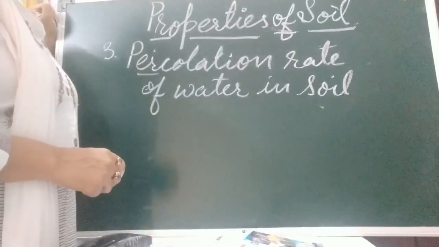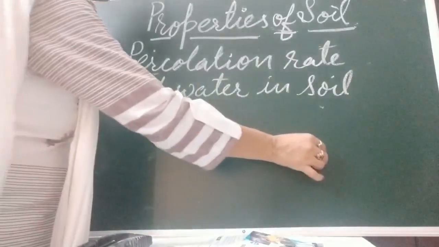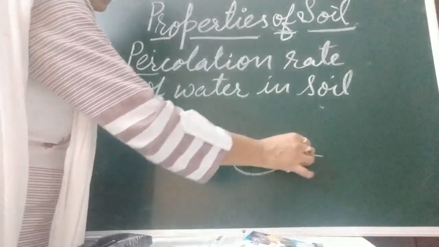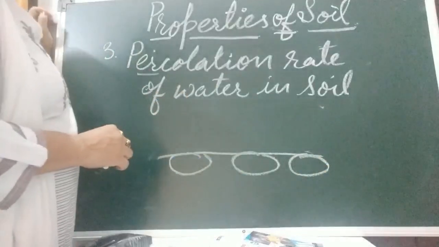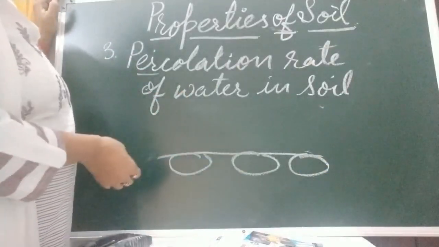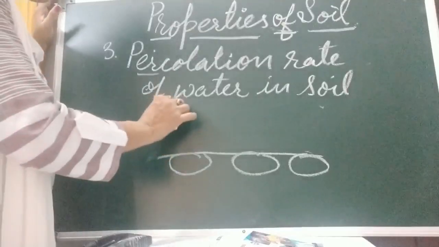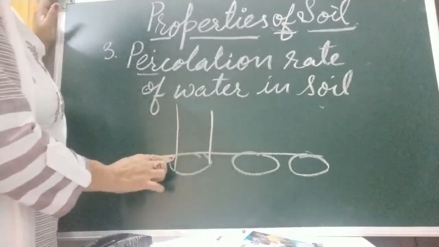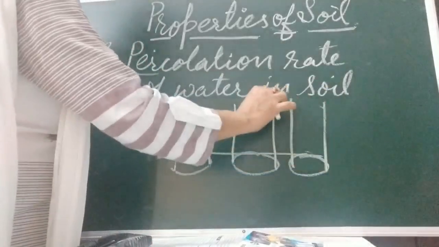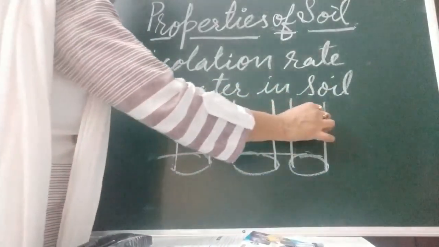The activity is to find out the percolation rate of water in the soil. For this, we will dig 3 holes and place 3 plastic pipes upright in them. 3/4 of each we are going to fill with a different type of soil.